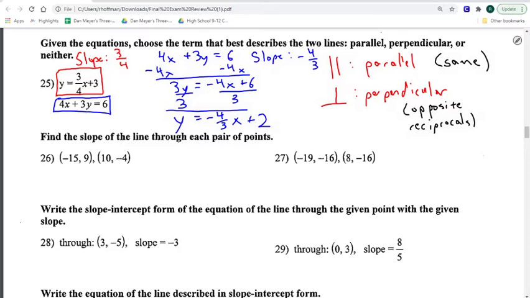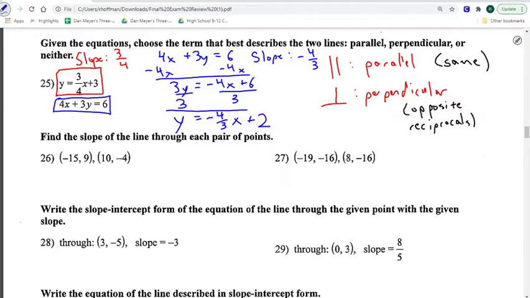Opposite: change the sign. Reciprocal: flip the fraction. If I'm looking for neither, I would have any other number. So I'm focused on looking for one specific number to match for parallel, one specific number, change the sign, flip your fraction for perpendicular. Any other number we get, the answer is neither.